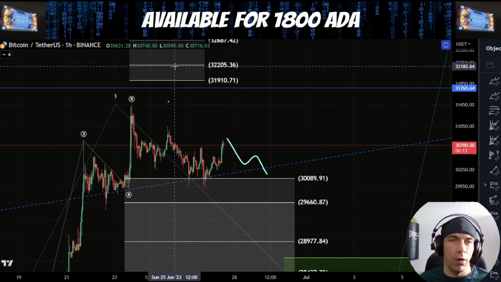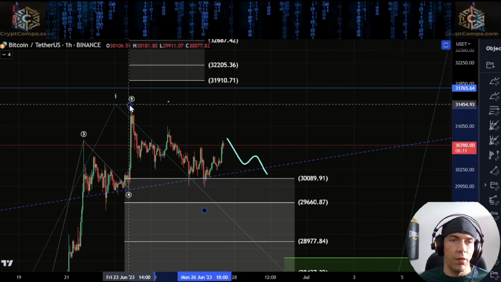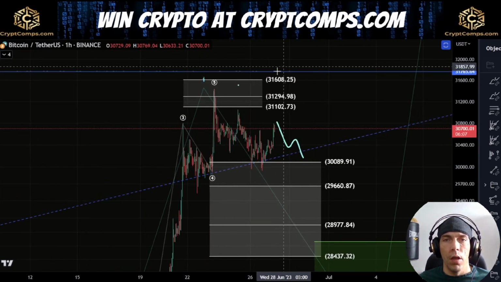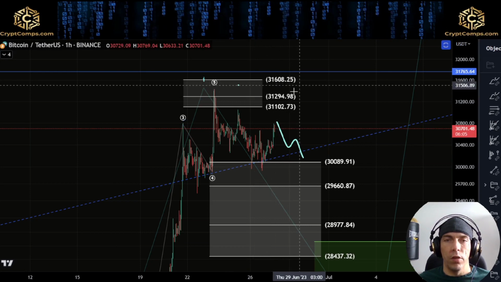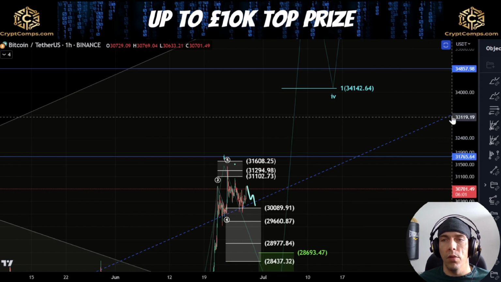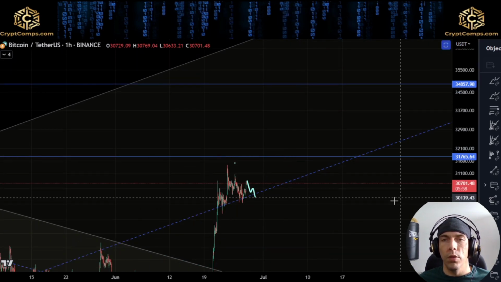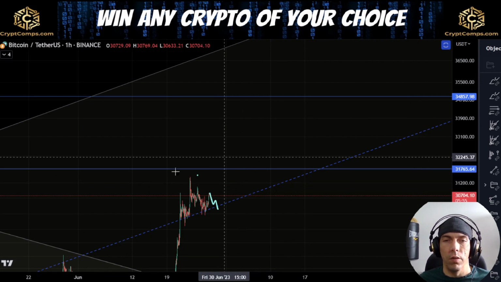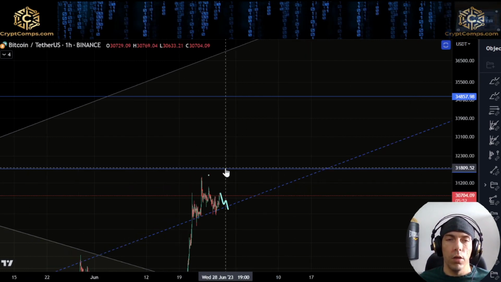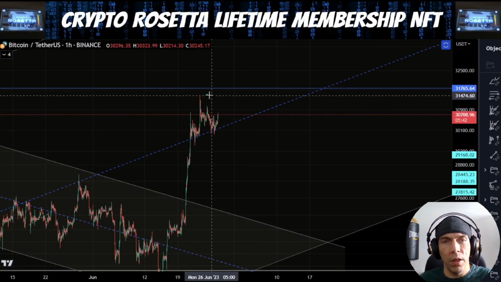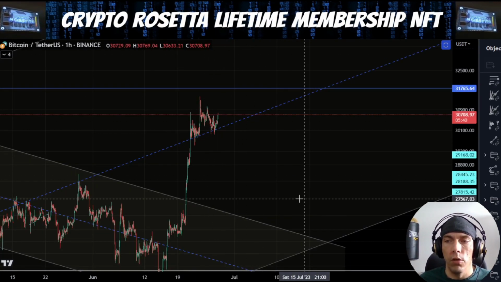So actually our target with this would be slightly skewed because of the fact that our 3rd wave is over here. So I'd be looking out for this 31,608 as a possible zone, but then as well, like we've discussed previously, we've got that possibility that we could look to actually have an interaction with this 31,765, which would be looking to actually retest a swing high on the left hand side there. So this has been looking at the possibility of that continuation up.